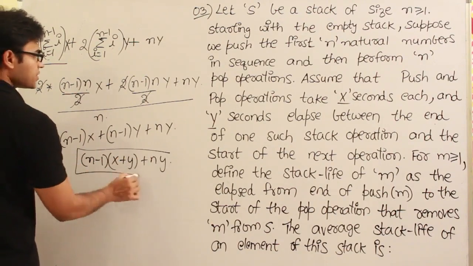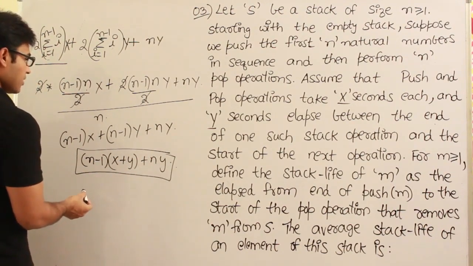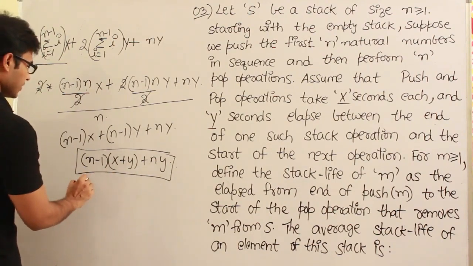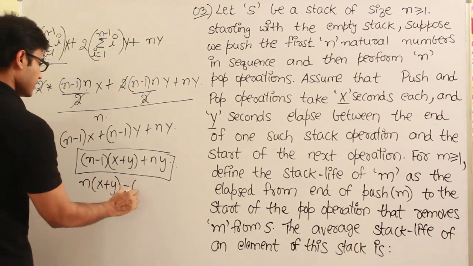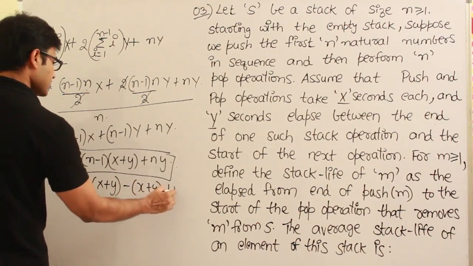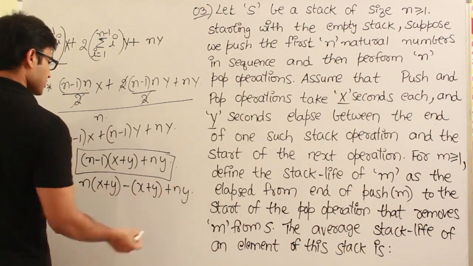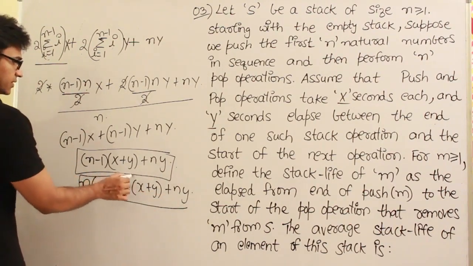Okay, so the option is somewhere here. I think they have pulled out something like nx or something. I think they have written it like this: n into x plus y minus x plus y plus n into y, something like this. Anyway, you can see that you can rearrange this and get the option.